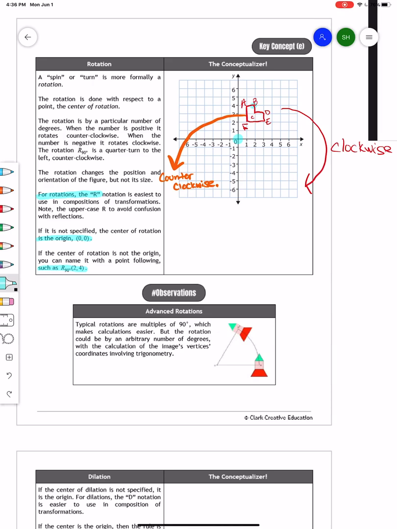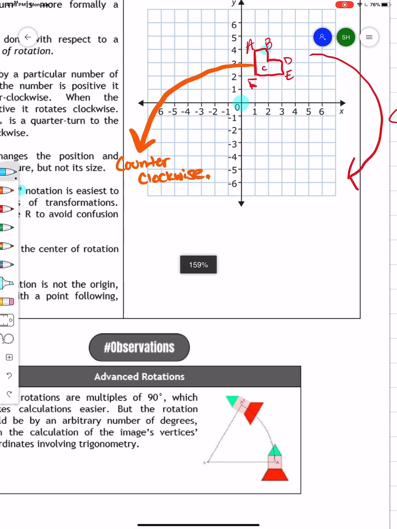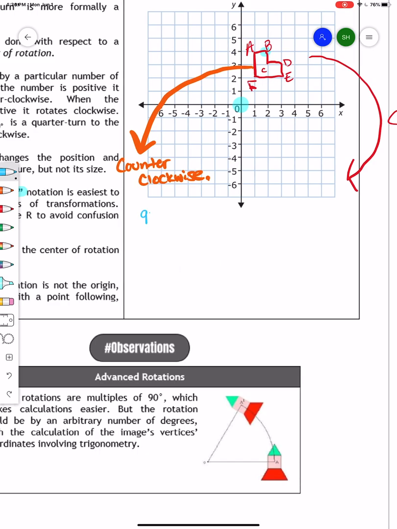Next, I'm going to show you a little bit of a cheat sheet trick. When you are rotating 90 degrees or 270 degrees, that means that you are changing your x and y's places and making one negative. So you're going from x, y to negative y, x.